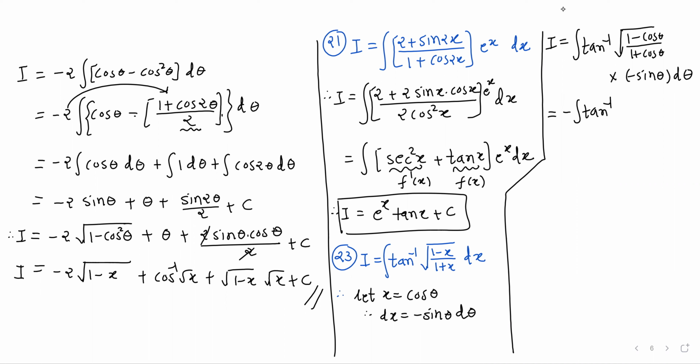Tan inverse under root 1 minus cos upon 1 plus cos. So directly I write it here tan inverse under root tan square theta by 2, so tan theta by 2 into sin theta d theta is equal to minus integration of tan inverse tan.